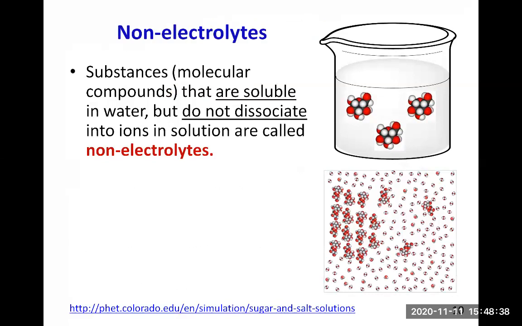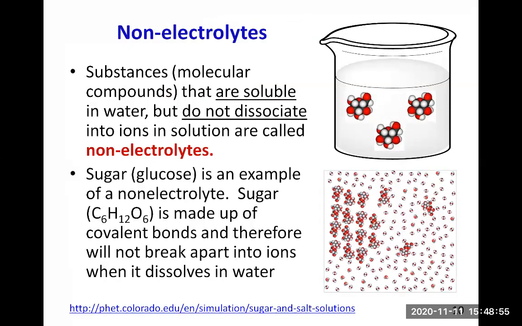And then there are the non-electrolytes. Substances, mostly molecular compounds, that are soluble in water but do not dissociate into ions in solution are called non-electrolytes. A typical example is sugar. Sugar is glucose, and it's an example of a non-electrolyte.